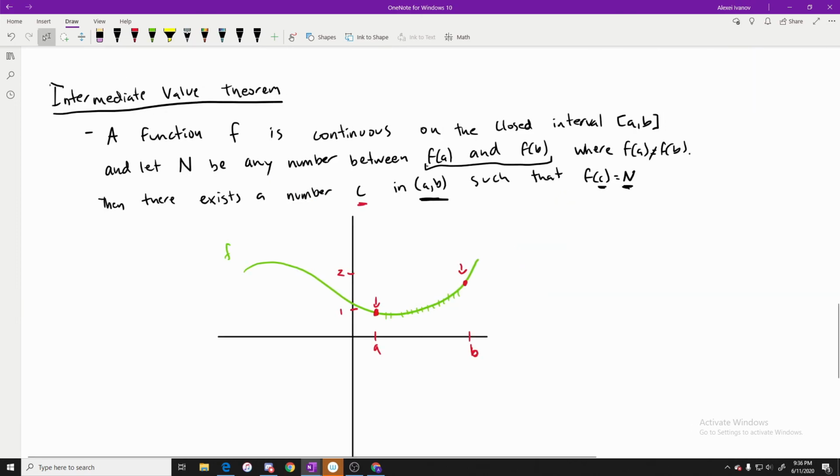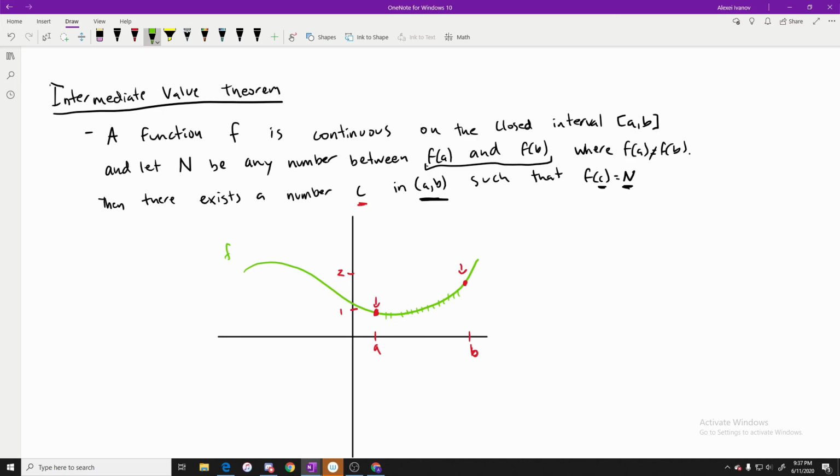So that's the basis of the intermediate value theorem. It takes into account that this function is continuous, and it essentially leverages that to say that if we started at this specific start point of f at a, and then we ended up at f at b, and since f at a and f at b are not equal to each other, then because the function is continuous, it must have hit every single y value in between f at a and f at b.